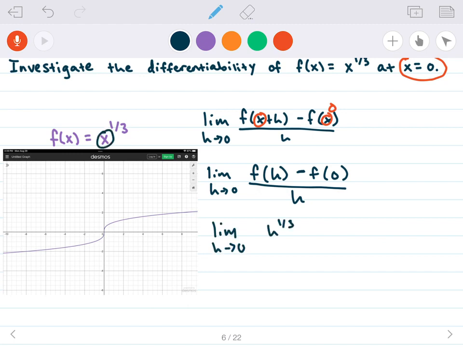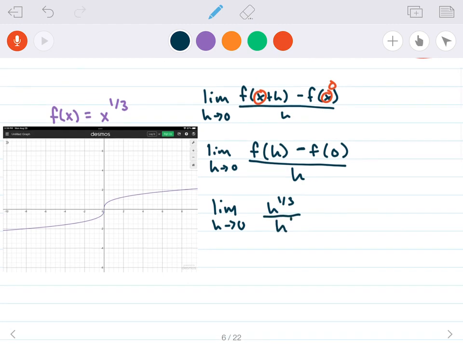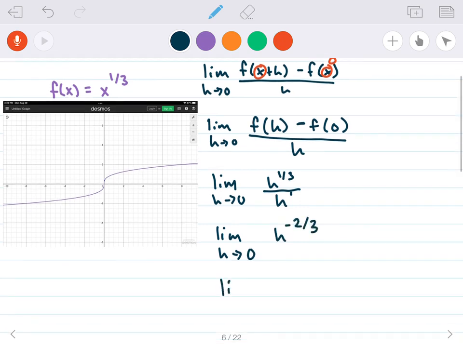Well, if I plug in 0 for x, I just get 0. So this is just minus 0 over h. And then I can simplify this by using my properties of exponents. So 1/3 minus 3/3 is going to give me h to the negative 2/3, which is the same thing as 1 over h to the 2/3.